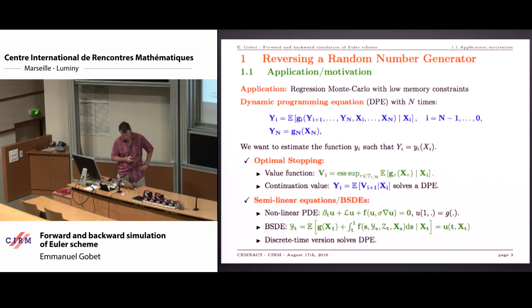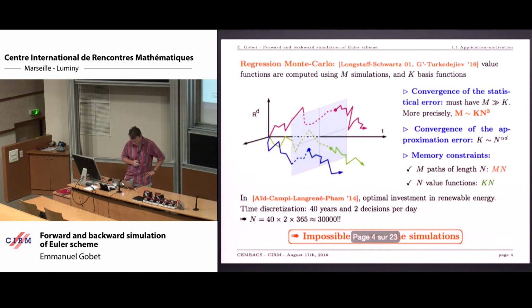Also, when you try to solve a backward stochastic differential equation or semi-linear PDEs, you can represent the solution of this PDE as an expectation, and when you discretize this equation, you obtain this kind of equation. So this is the kind of problem we like to handle.